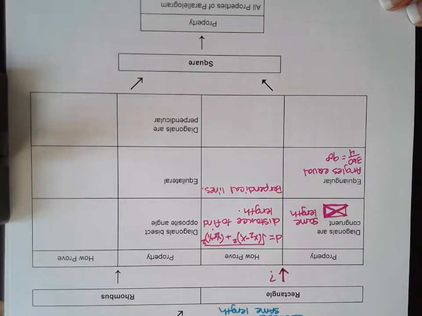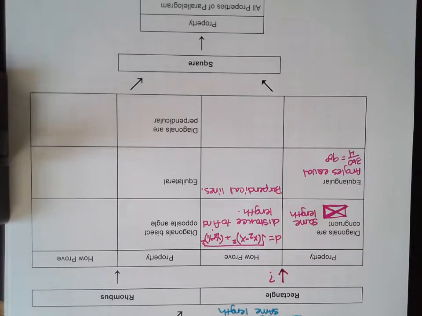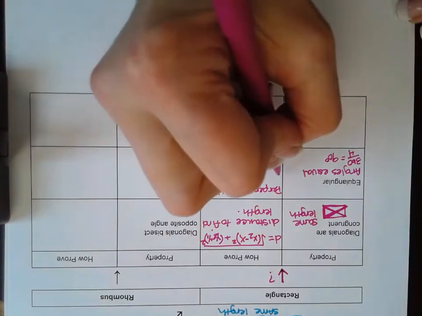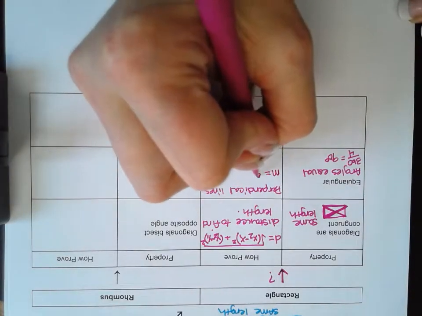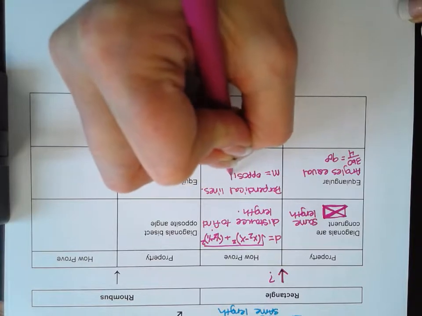Last unit. Slopes. Opposite. Almost. There's one more word. Slopes are opposite reciprocal. Yeah, that's what I meant. Okay, perfect.